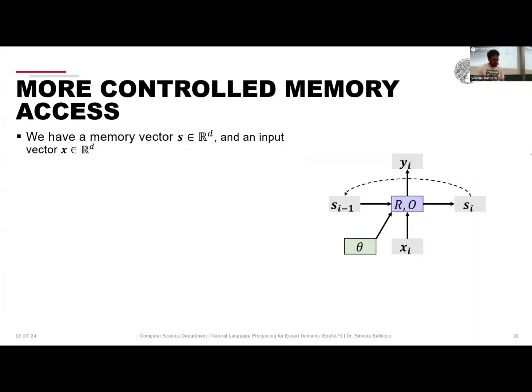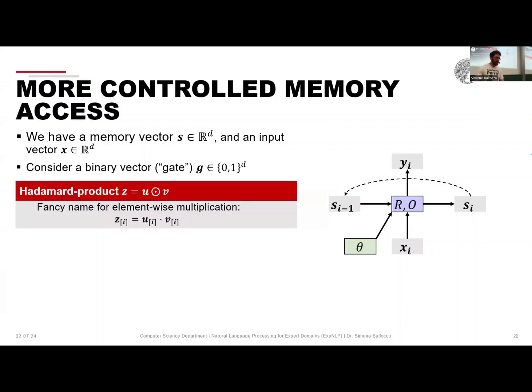Now, we have a memory vector, our usual S, and our input vector X. Consider a vector that we're going to call a gate, which has only zeros or ones. Then we introduce our dear friend, the Hadamard product, which is just a fancy way to say element-wise multiplication. We're going to introduce the gates.